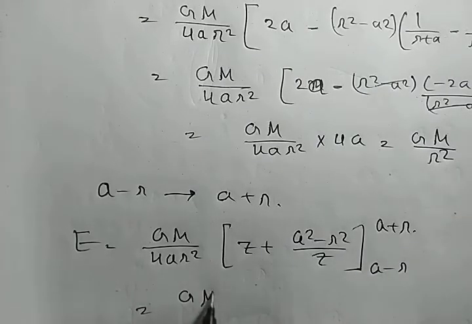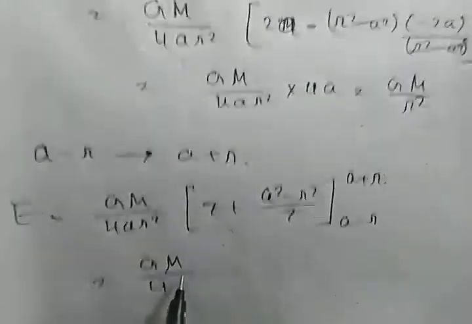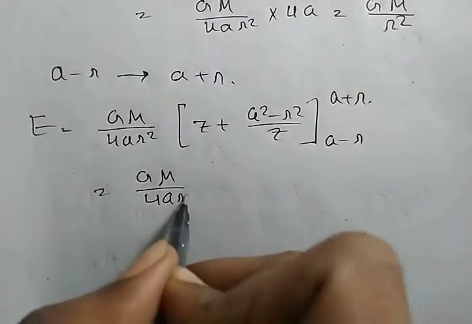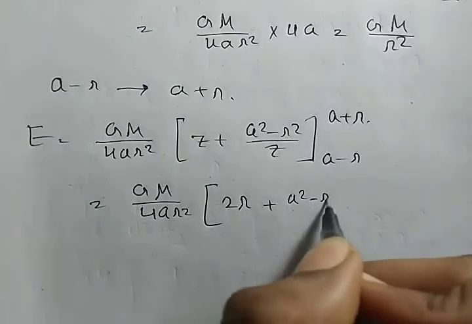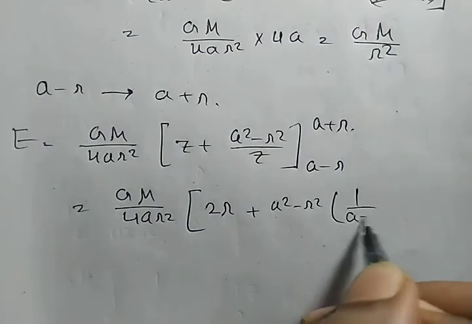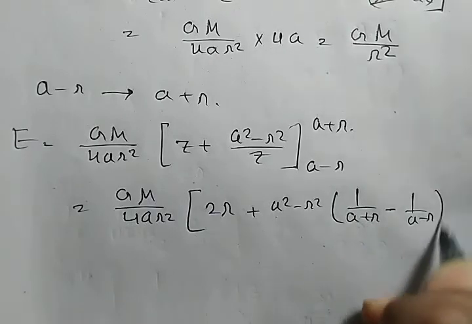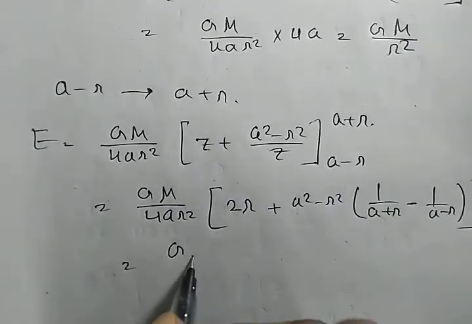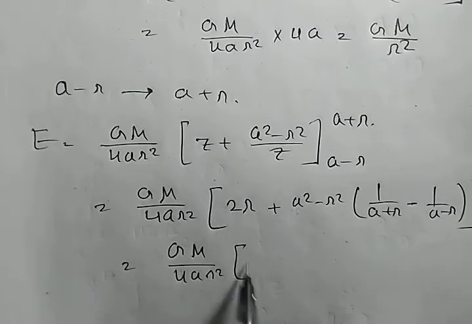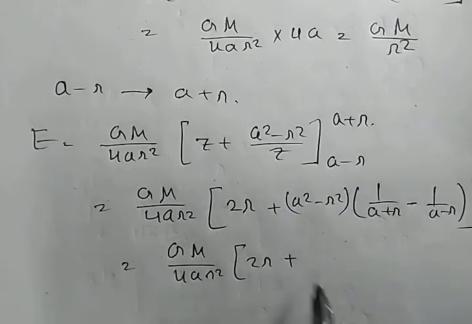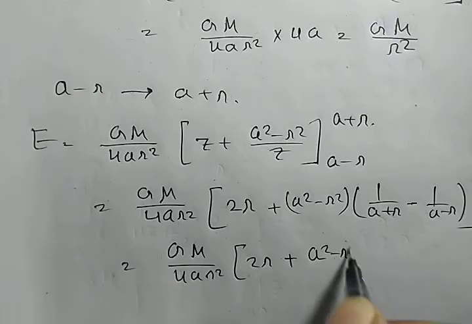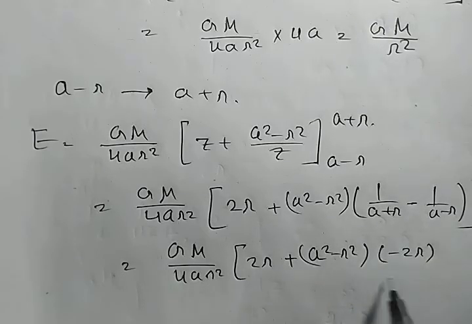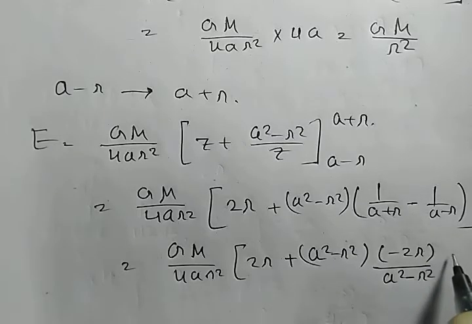We can write G M by 4a r square, 2r plus a square minus r square into minus 1 by a plus r minus 1 by a minus r, which gives G M by 4a r square, 2r plus a square minus r square into minus 2r by a square minus r square.